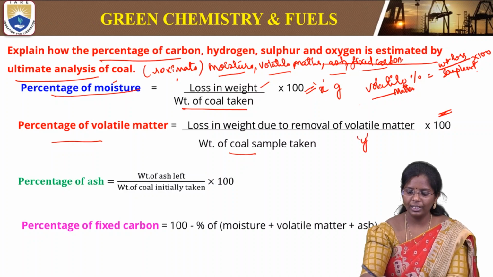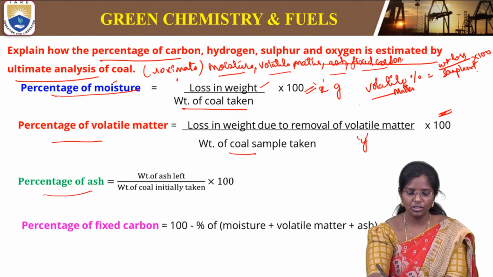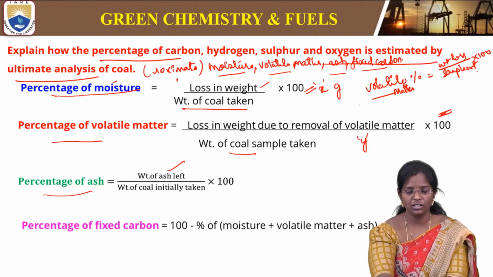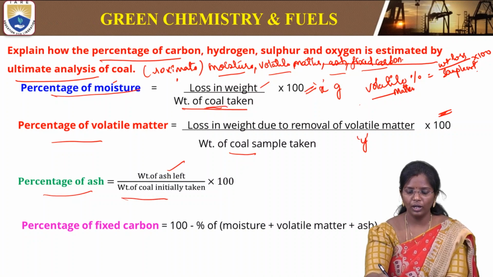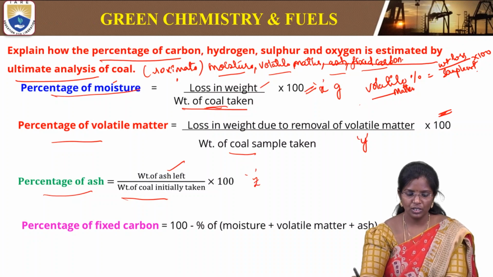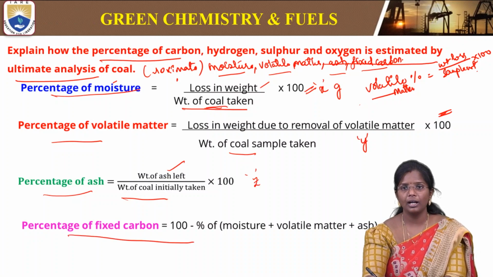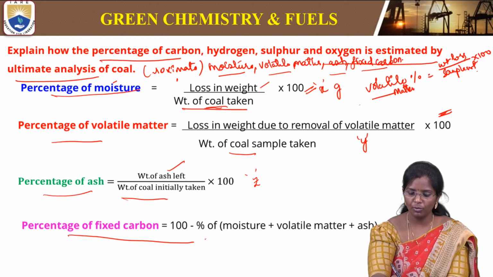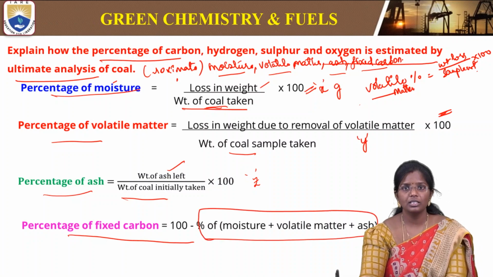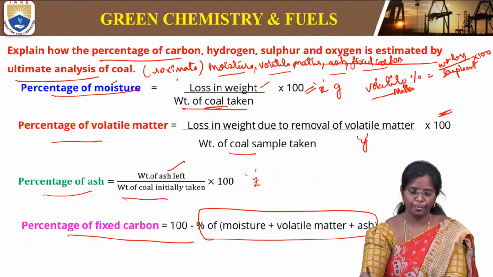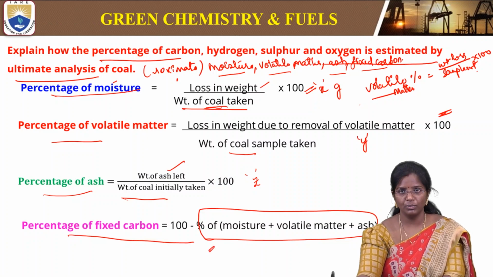This is the y grams. And percentage of ash: weight of ash left by weight of coal sample that is taken initially, into 100. This is z grams. So the percentage of fixed carbon is 100 minus the sum of all these, which will give the percentage of fixed carbon that is really available for the combustion. Okay, so this is the proximate analysis.